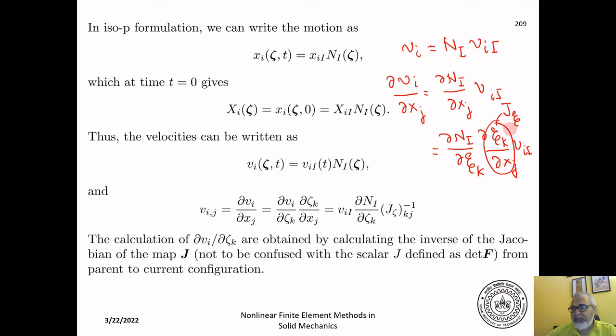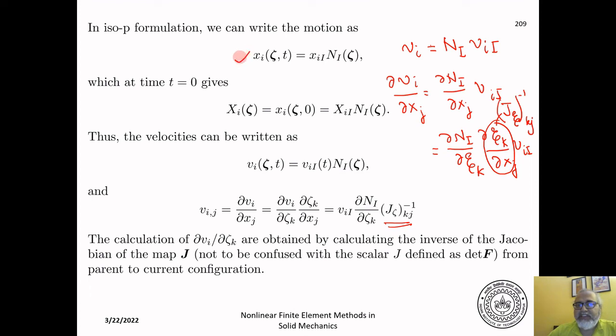We call this Jacobian J zeta in order to distinguish it from the determinant of F, which we call J. So this is the kjth component of the inverse of the Jacobian, and this has to be calculated by taking the derivatives of zeta with respect to the spatial coordinates.